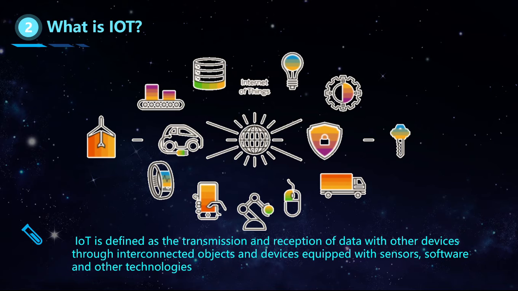In summary, IoT is defined as the transmission and reception of data with other devices through interconnected objects and devices equipped with sensors, software, and other technologies.